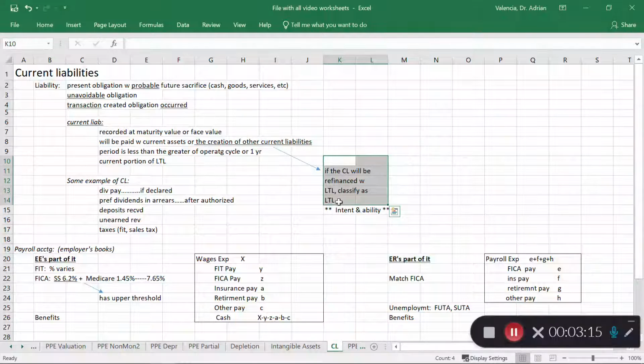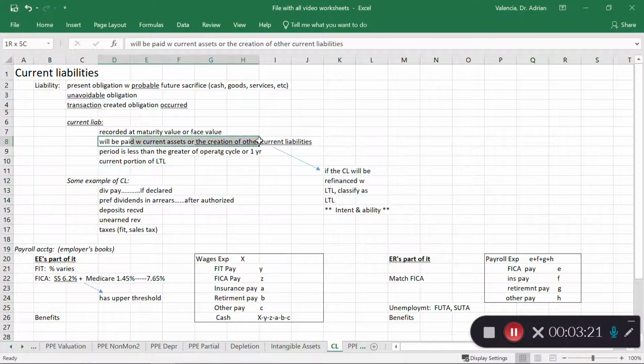Let me say this again. You have something currently in the books that is recorded as a current liability. It's going to be refinanced with a long-term liability. If that's the case, then you can classify it as a long-term liability as long as you have the intent and the ability to do so.